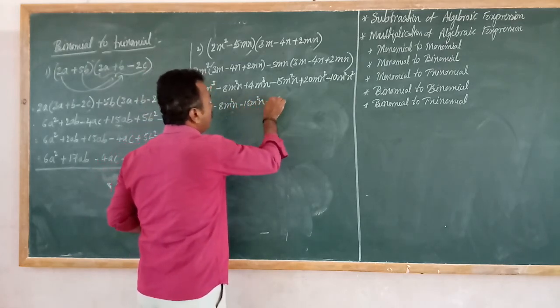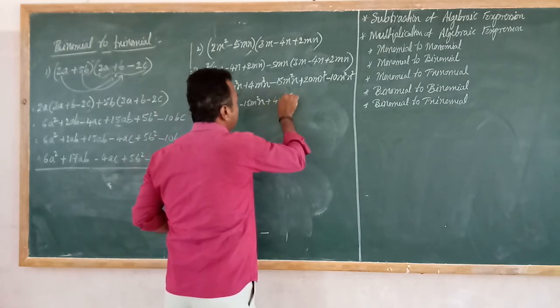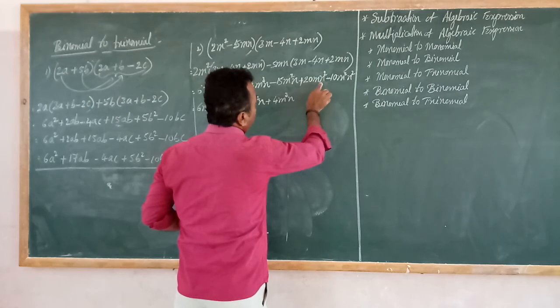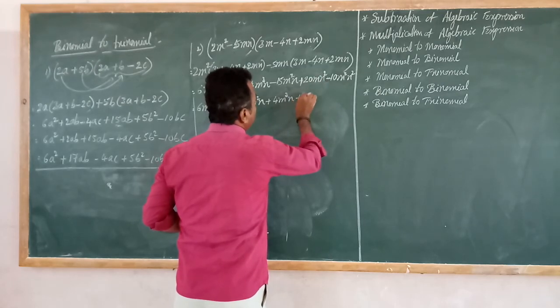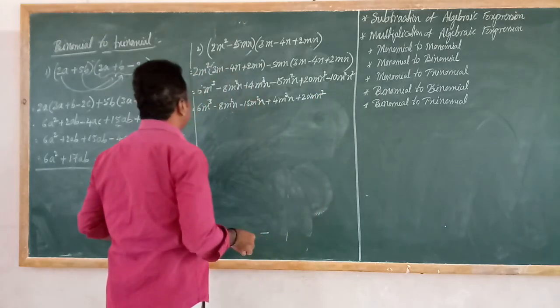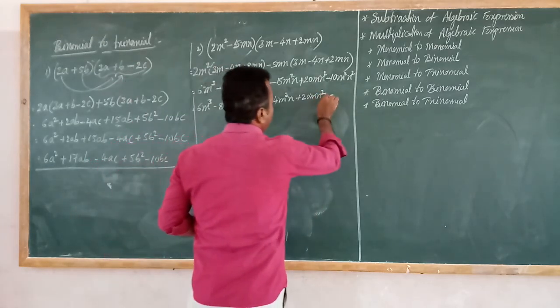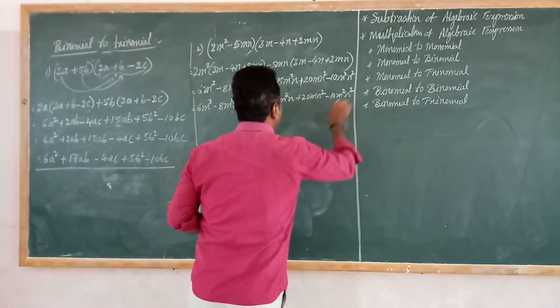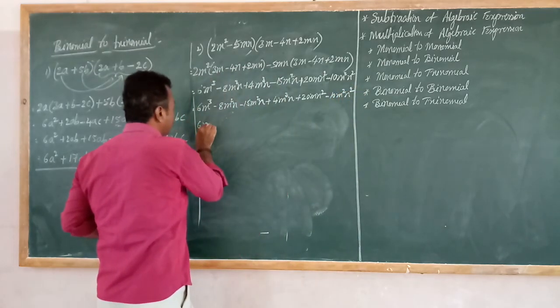After that plus 4m cube n. After that 20mn square. Is there another mn square term? No. And then finally 10m square n square.